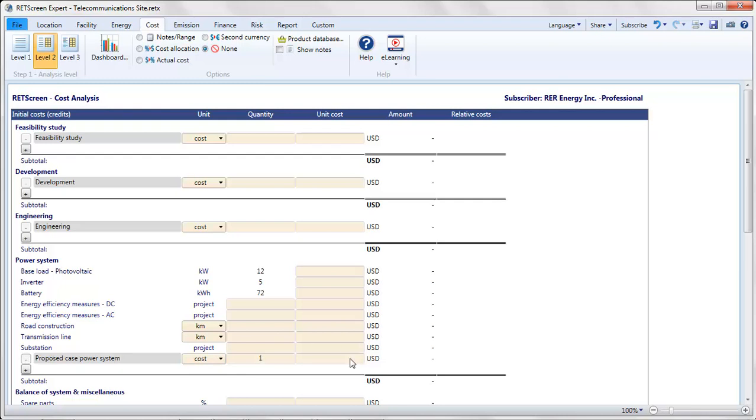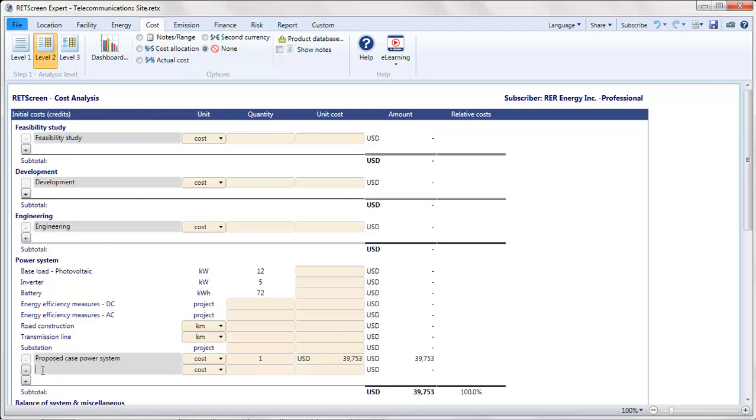This is a cost viewed from the perspective of the proposed case. There is one system that needs to be purchased, and as we saw on level 1, the costs that we have so far included amount to $39,753. However, from the perspective of the proposed case, we have avoided the cost of having to purchase the diesel genset in the base case.